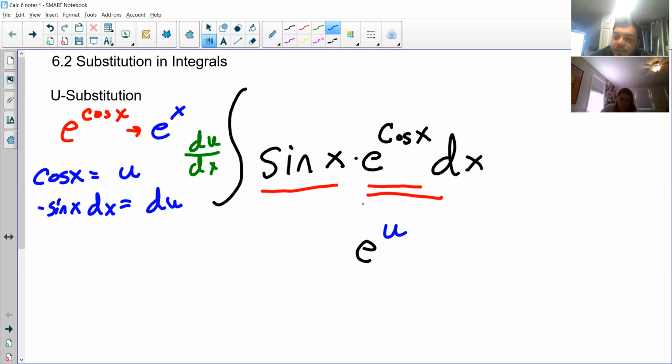But you can't just change the value for fun. When you change it, you also have to make sure you change the whole integral correctly. So if I change this right here to u, I need the rest of this integral, including the dx, to turn in some way into looking like this derivative, negative sine x dx.